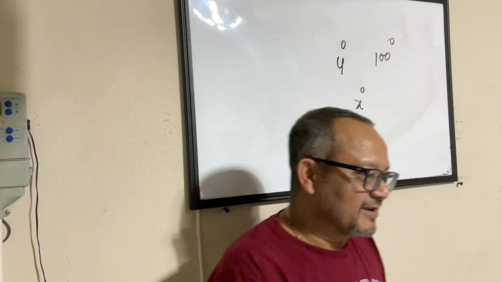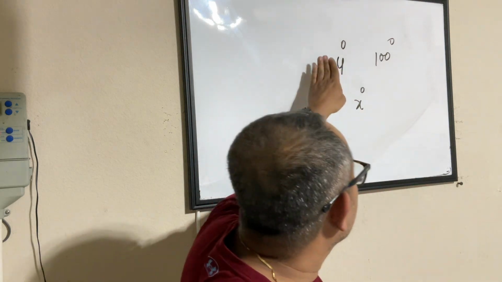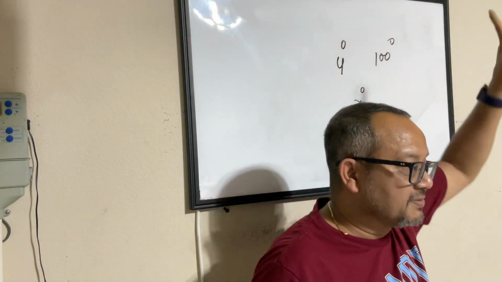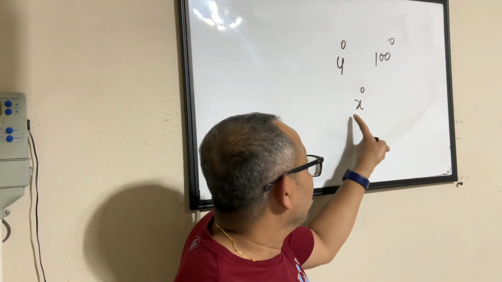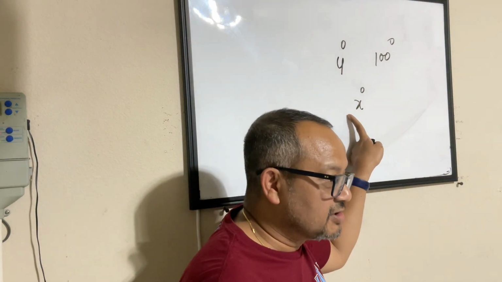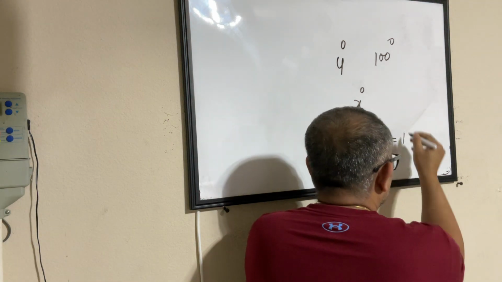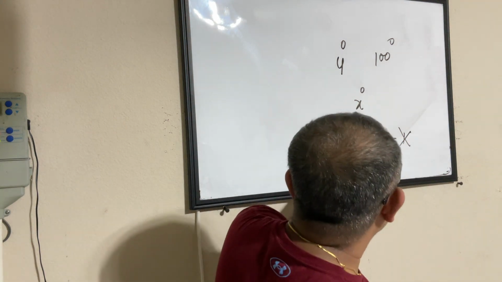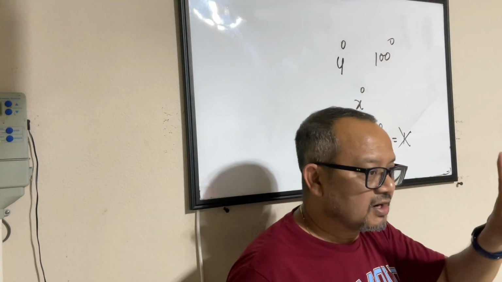Can you try proving it? I agree that all numbers to the power 0 give me 1, except when the base is 0. If I say 0 to the power 0 is also 1, that will not be correct. So any non-zero number to the power 0 will give me a 1.